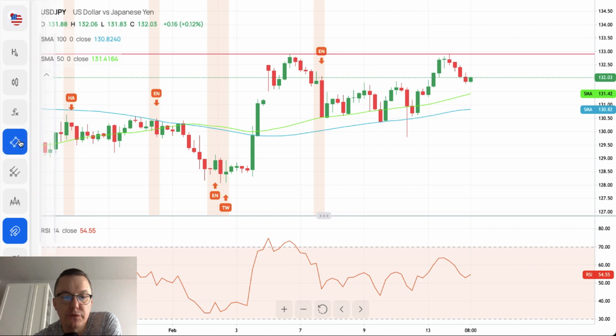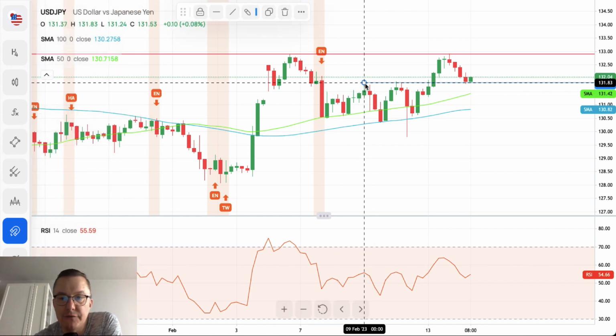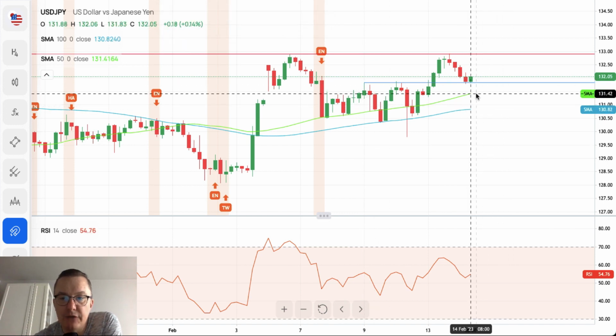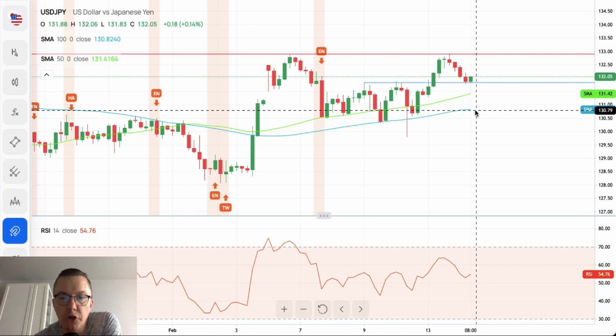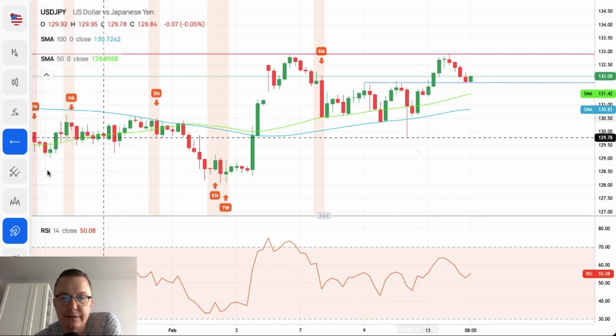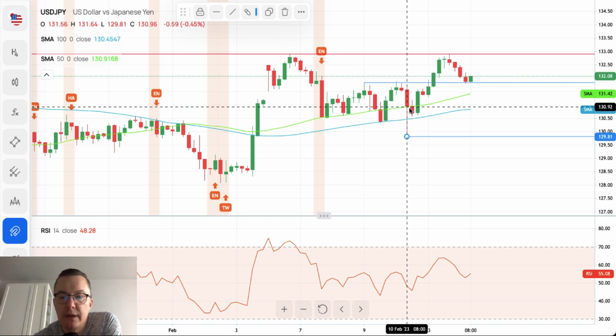The market moved lower towards the intraday technical support roughly around the level of 131.83, just above the 50 periods moving average and just above the 100 periods moving average. We have one more technical support. This technical support is medium strong, located at the low from the 10th of February at 129.81.